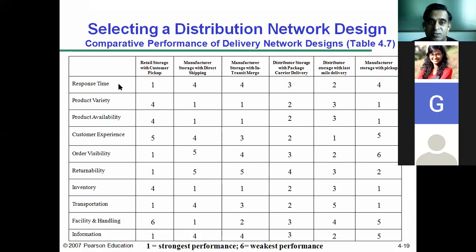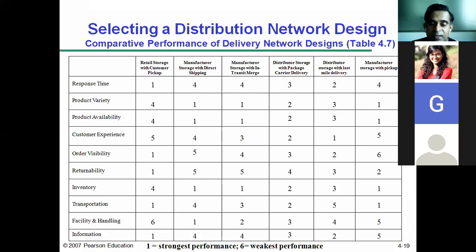It means the response time will be very fast. As I mentioned, retail storage with customer pickup, please try to recall where you and I as customers go to the nearby Kirana store or a supermarket like Reliance Fresh and More, for example.